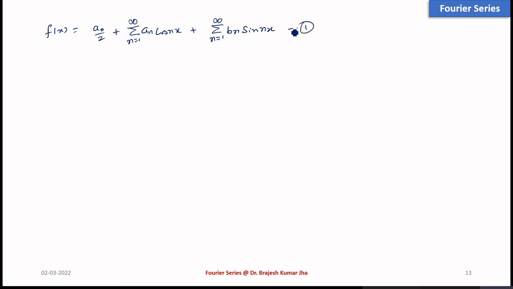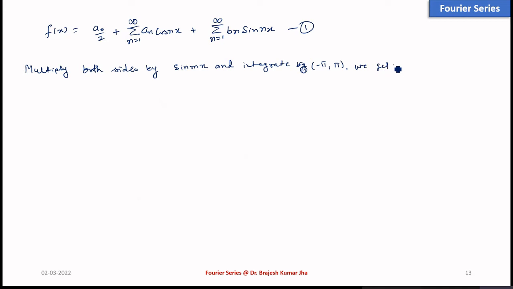So what we do again in this one, we multiply both sides by sin mx and integrate between minus pi to plus pi. We get here again, integration minus pi to plus pi f(x) sin nx dx.